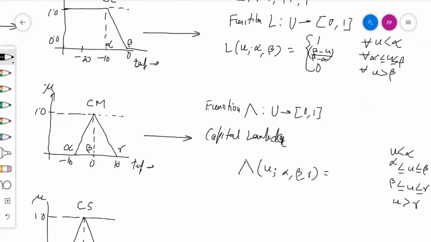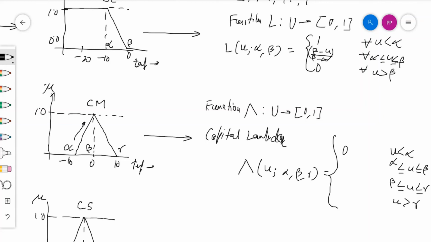For the first we should have the value 0. Then for the range between alpha and beta, it is increasing like this, so it will start from 0 and end at 1.